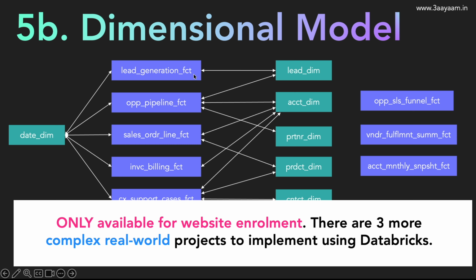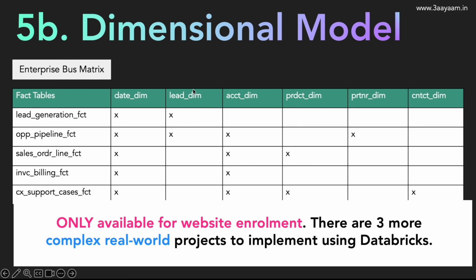Now you might think that the diagram might be a little confusing because it has a lot of arrows. And I'm giving you only 5 fact tables. What if there are 10 fact tables and maybe hundreds of dimension tables? To simplify this, in the data modeling world, we use something called an enterprise bus matrix, which places the fact tables in one column and the dimension tables in the other column, and then it tells which fact table is related to which dimension table.